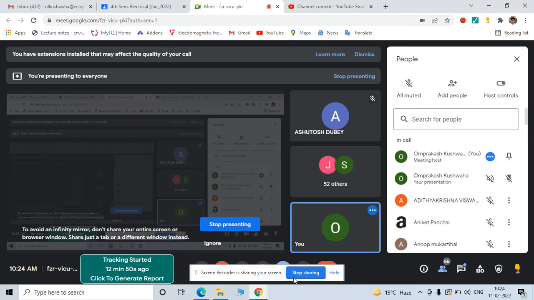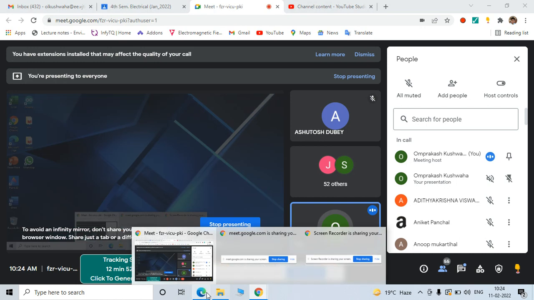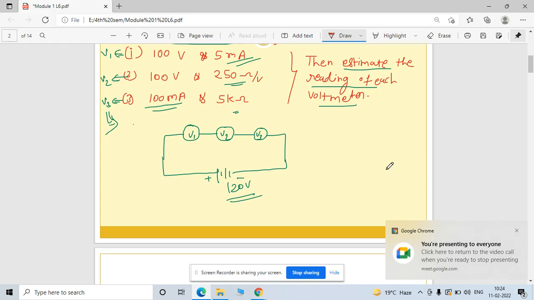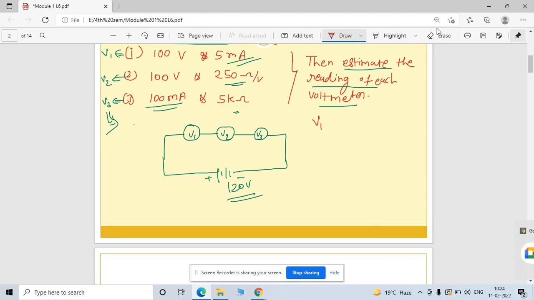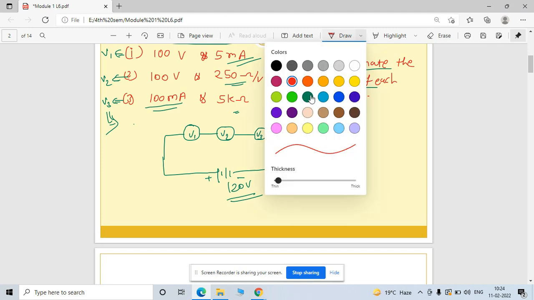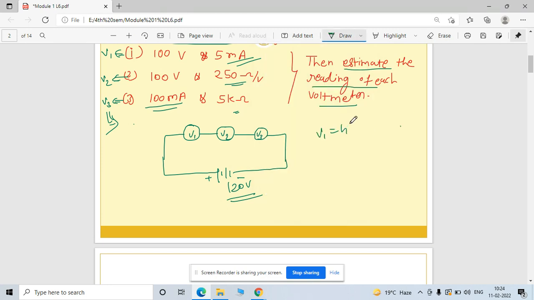Almost 55 students are there. So what will you get here? What is the value of V1? 48 volt. V1 is 48 volt. What is the value of V2? 60 volt. What is the value of V3? 12 volt. Okay, so let's check these values.